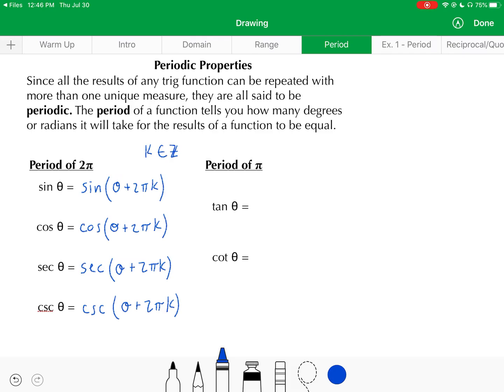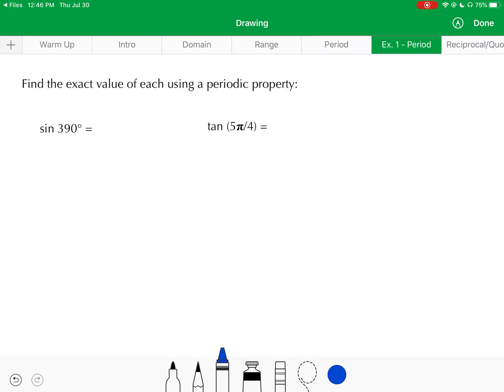Instead, their period is pi. So you only have to go half of a rotation around before you start to get everything to repeat, okay? So tangent of theta would be equivalent to tangent of itself added with just pi k. Same thing with cotangent.